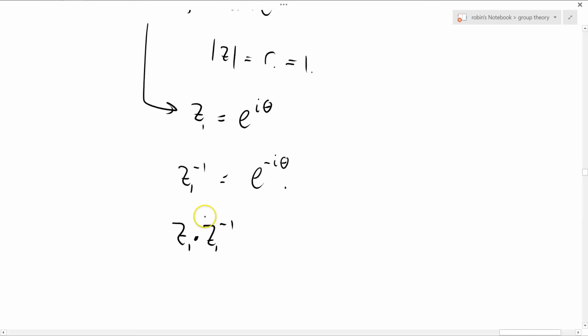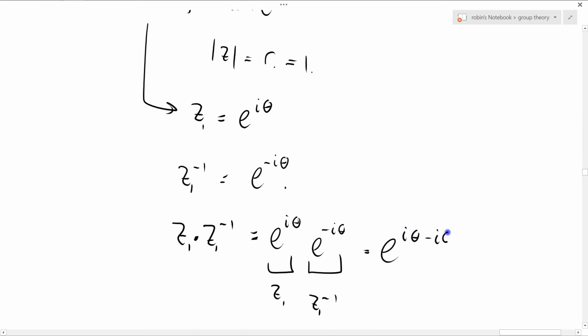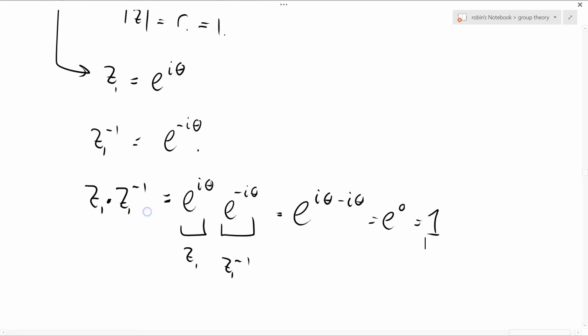It just reminds us that we're using regular complex number multiplication, which equals e to the i theta, that's Z1, times e to the minus i theta, that's Z1 to the minus 1. So that's equal to, because we've got the product of two exponentials, i theta minus i theta, e to the 0 equals 1, which is your multiplicative identity. So that one checks out.